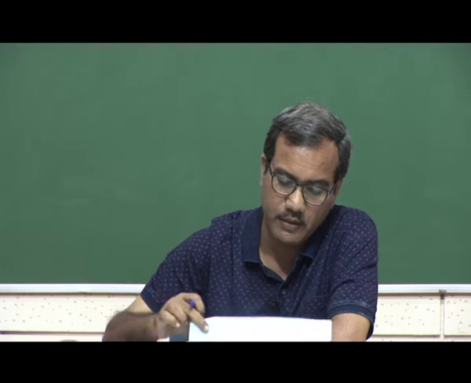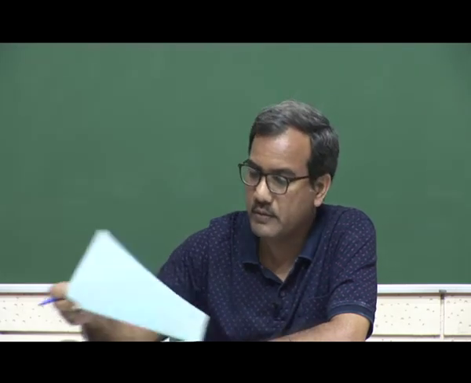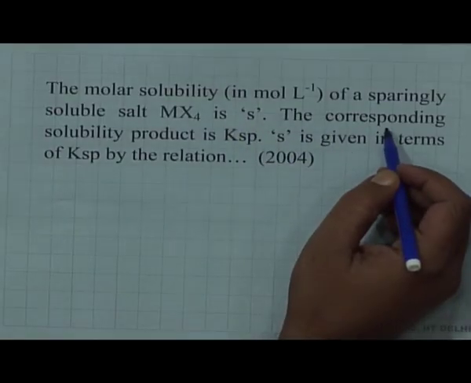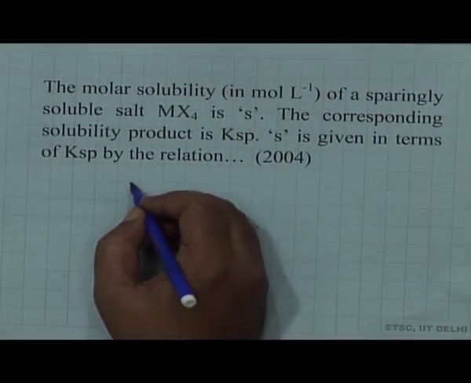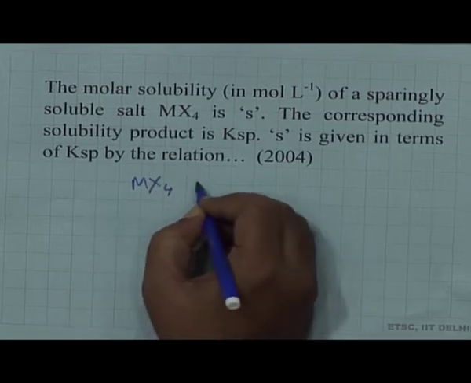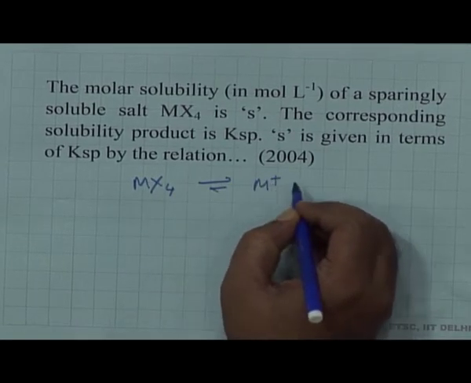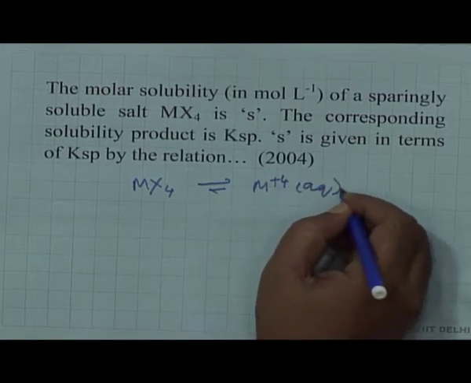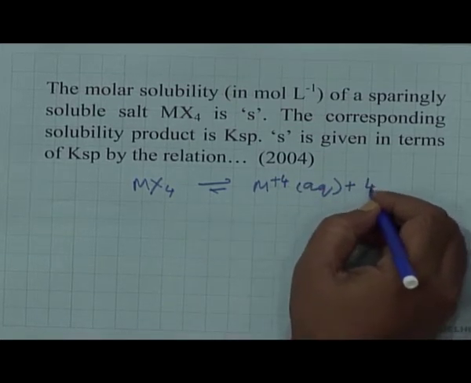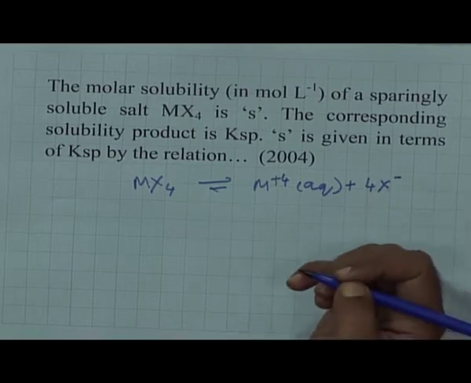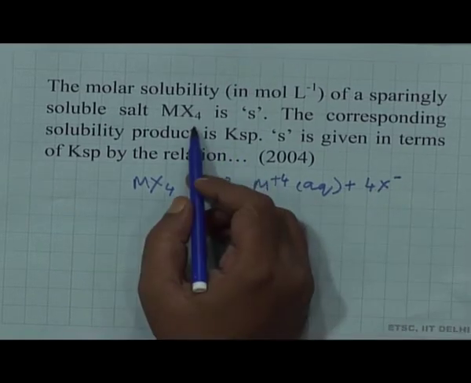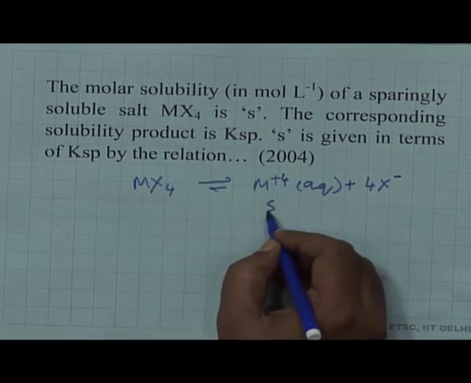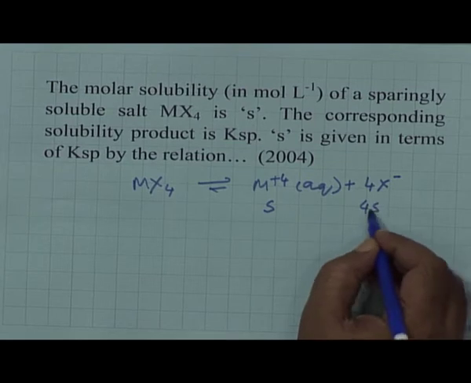Now, let us take another. Here solubility is given and you have to calculate Ksp, MX4. It will break and give you M4+ aqueous plus 4X-. If molar solubility of the salt is S, then you are going to get S and then 4S at equilibrium.